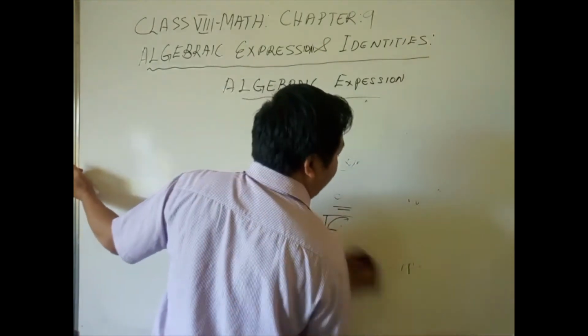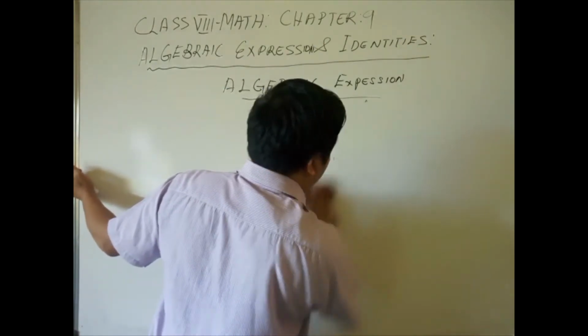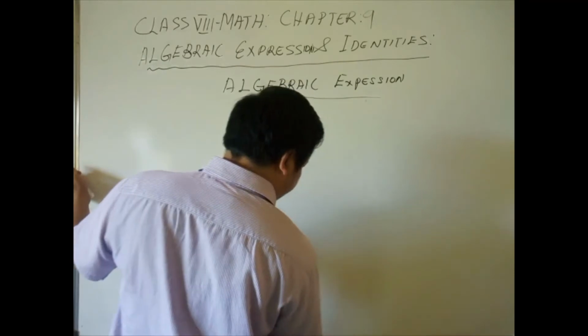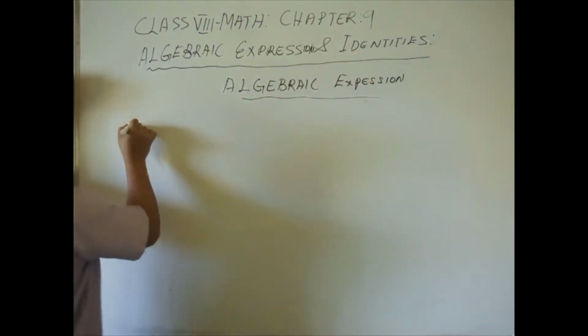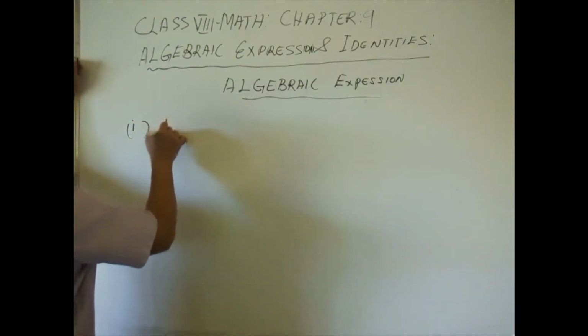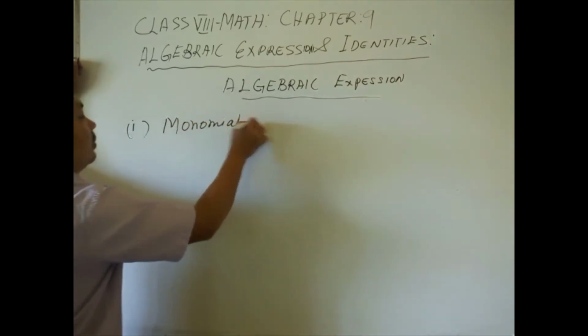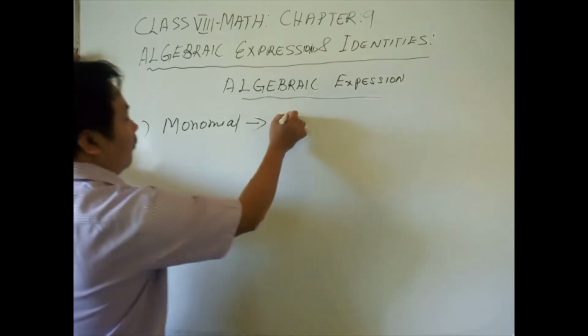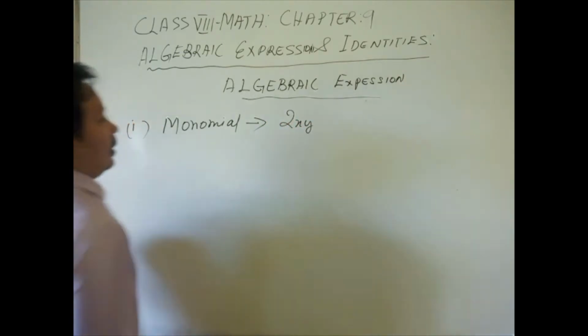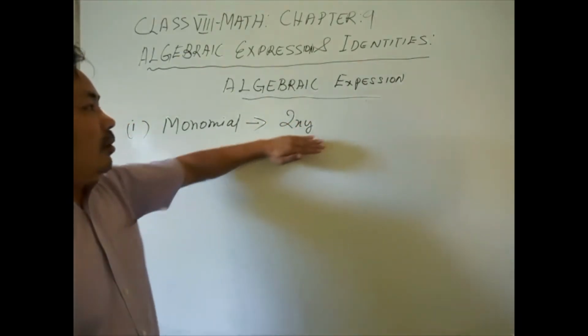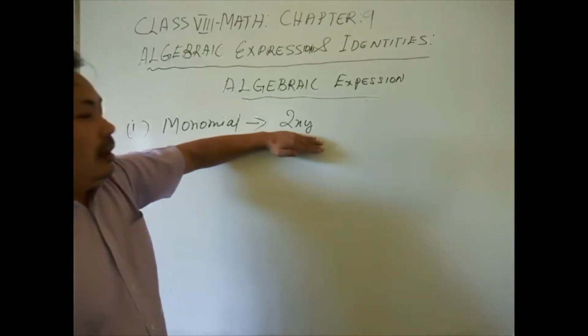Types of algebraic expressions. First of all, you will get number 1, monomial. What is monomial? Monomial means you will find that only one algebraic term is there.